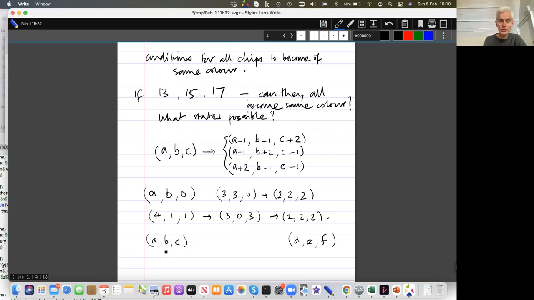So then maybe I would subtract A until I got down to D, and subtract B the same amount. Wait a minute. I don't want B to end up being 0.